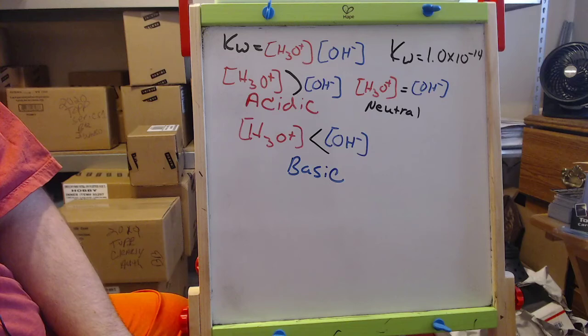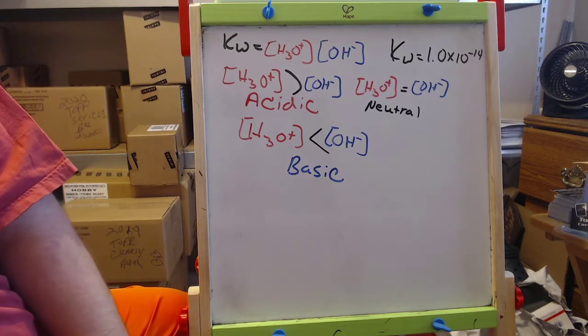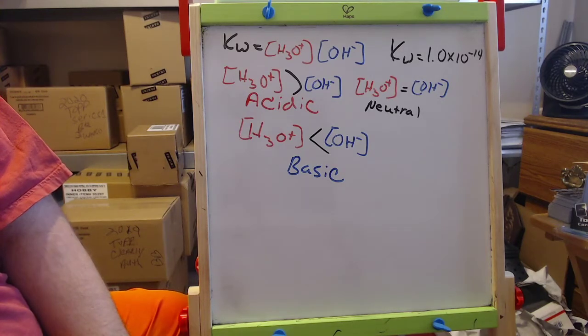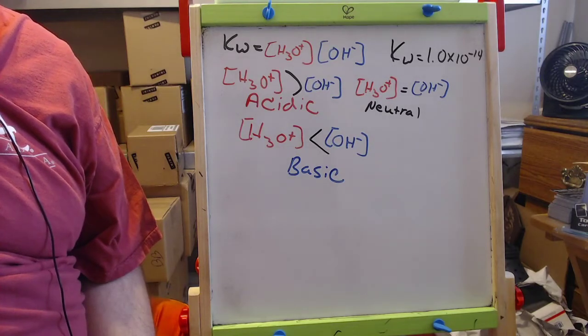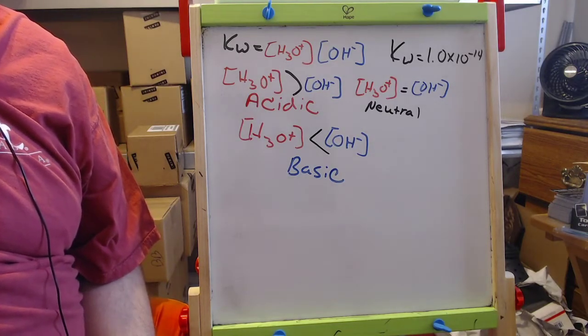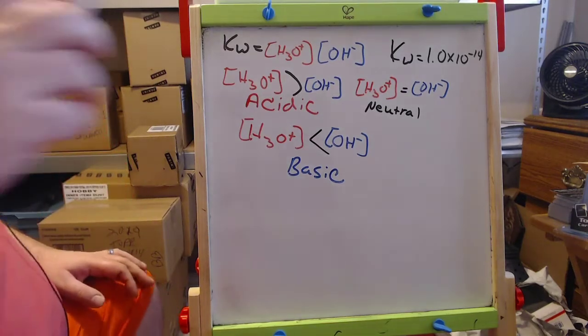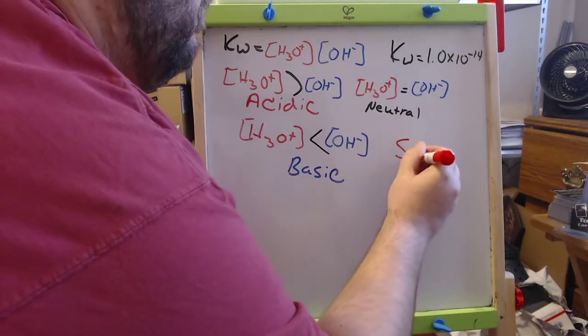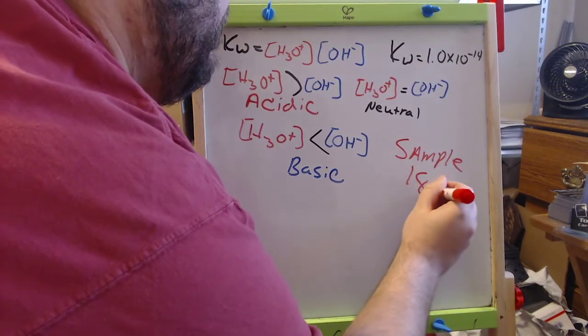Now I'm going to show you another way to do it based on a little math trick, but for right now, that's the way to do it. And in the slide, sample problem 18.2 looks at something like that, so you could try that one for homework. And I'll give you more on it.